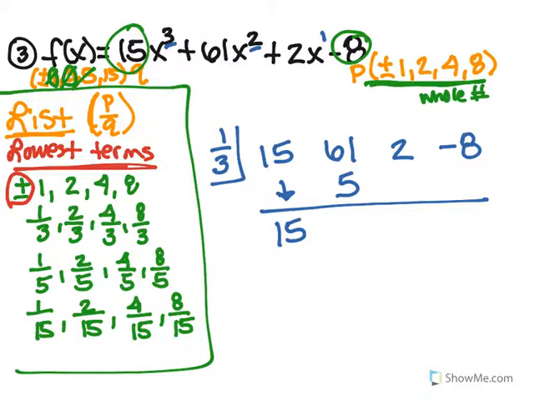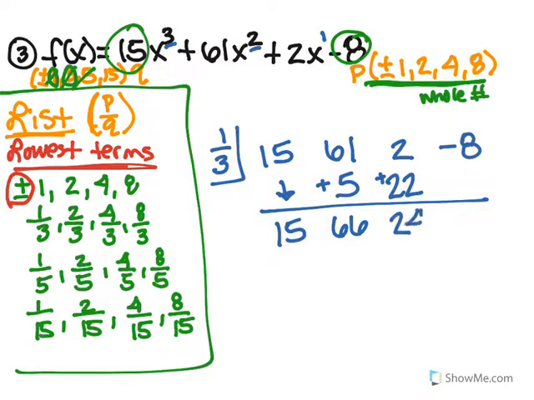And then you're going to add 61 plus 5 will give you 66. And then you're going to say 1/3 times 66. Or you can divide 66 by 3. And that would give us 22. So you say 22 plus 2.